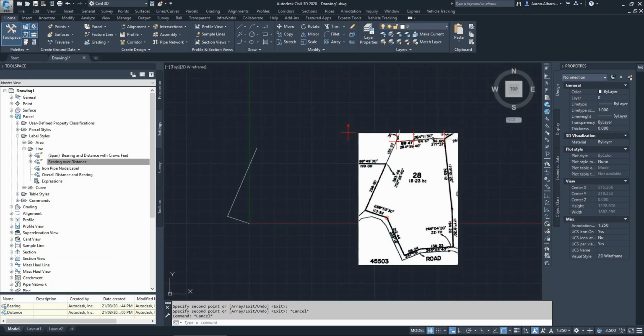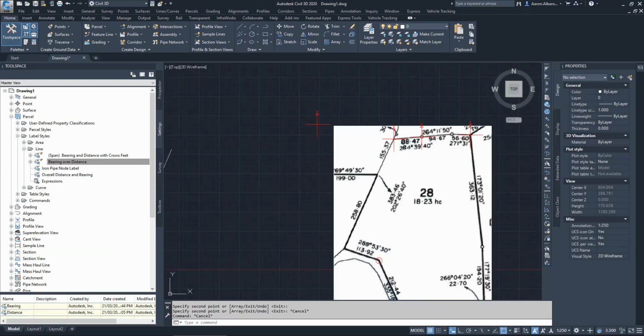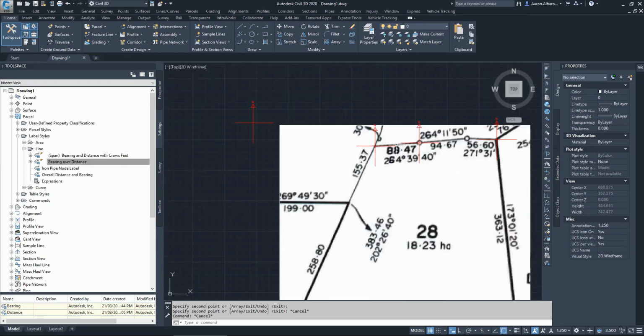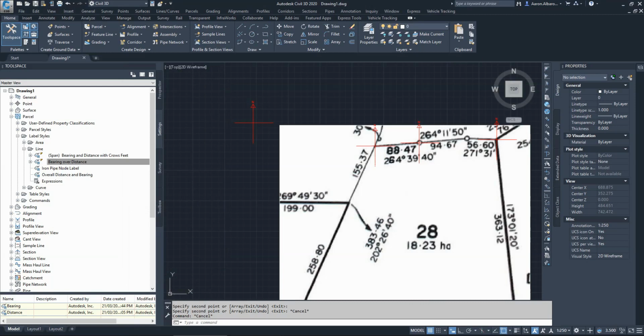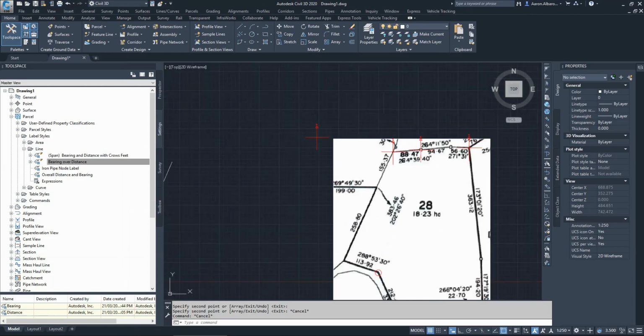If we find any line that needs to be reverse paired, so if I need to draw, for example, this line again, I'll do one last line. If I need to draw this line here, which is 88.47 at this angle, I have to deduct 180 from this number. So I'll just go here, 264 take 180, and there'll be 84. So I should draw this line at 84 degrees.